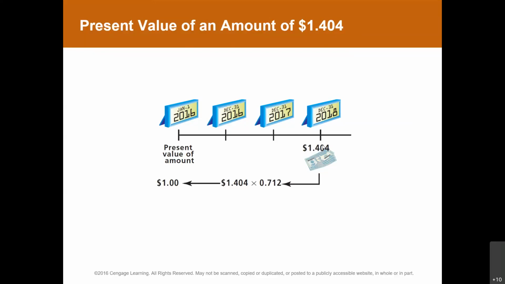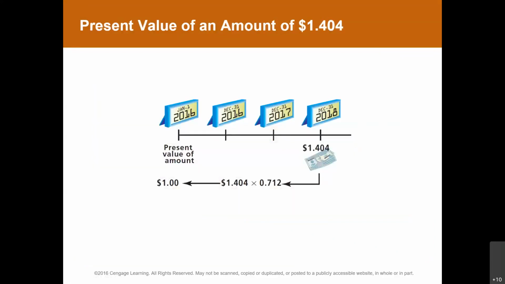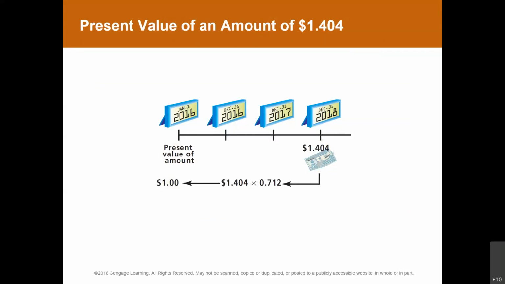Based on that table that we just looked at, let's say the bank tells me the interest rate is 12%. So if I put $1 in today, that means that in 3 years I would have amassed $1.40.